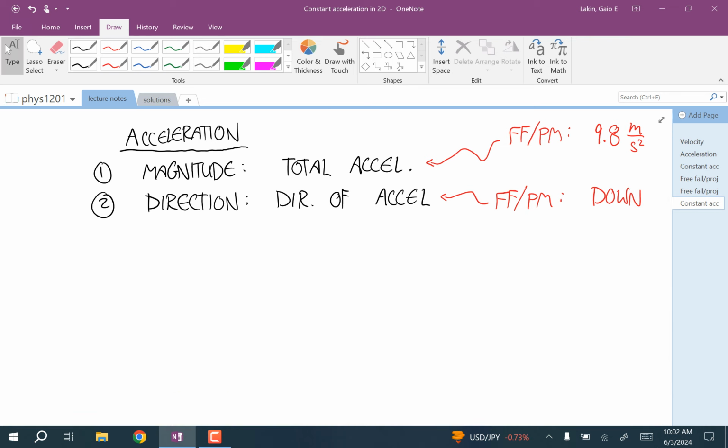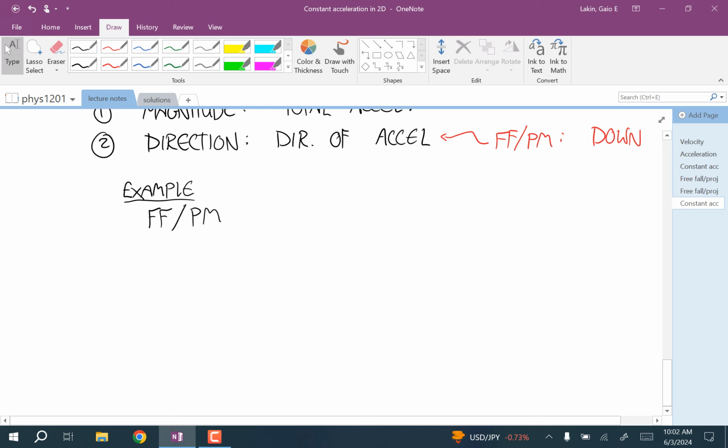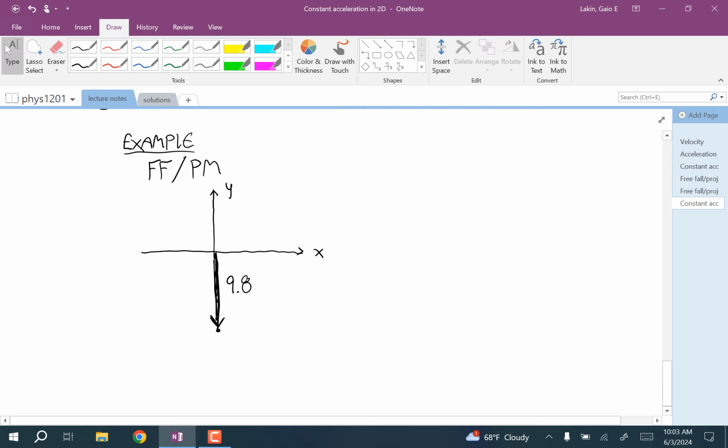And so let's see the free fall projectile motion example. Our coordinate system is this. The direction is down, so there's the arrow representing the direction. The magnitude of it is 9.8, and we're trying to calculate the coordinates of this point.